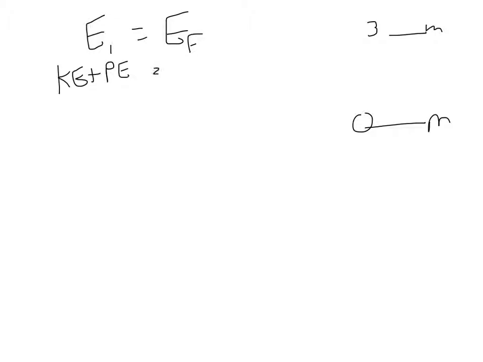We want to end at 0 meters. So what's different? So we have energy initial has got to equal energy final. So we have kinetic energy plus potential energy equals kinetic energy plus potential energy. Now we look at that. At the top, at the beginning, kinetic energy is 0. At the bottom, potential energy is 0.